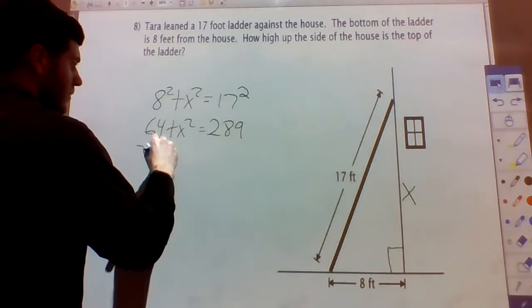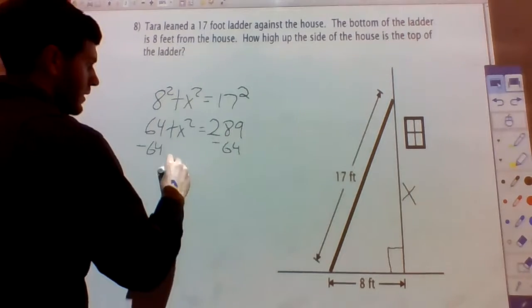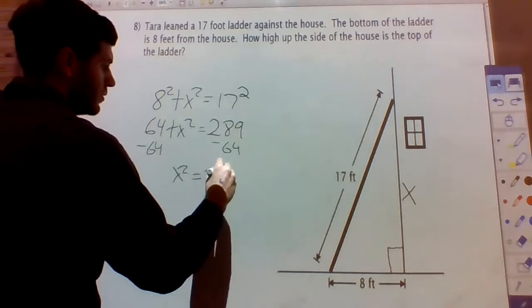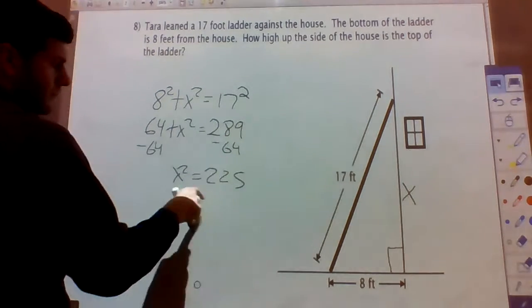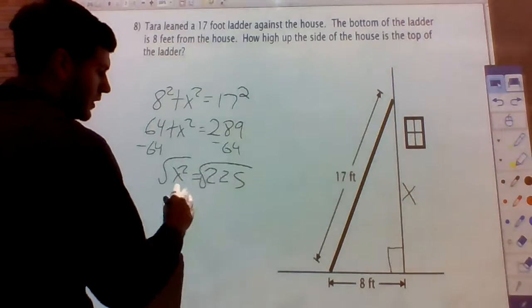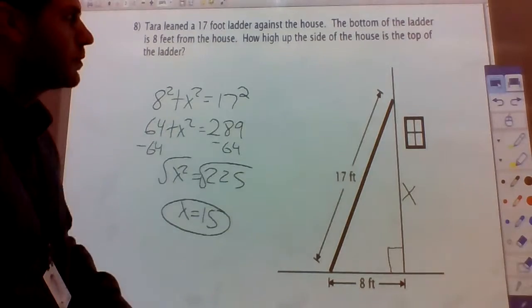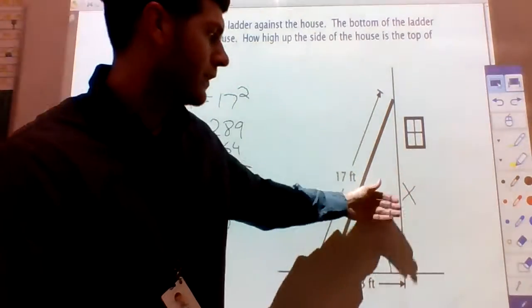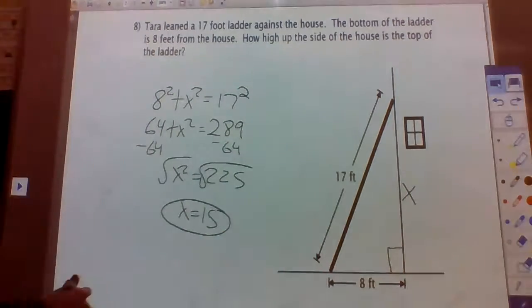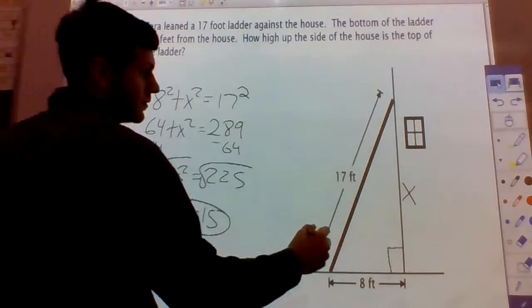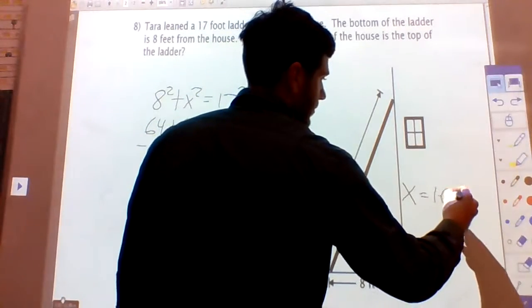Subtract 64. We get x squared equals 225. Okay, square root, we just said we knew that one was 15. Again, plus or minus 15, but the height of the house is not negative, it's positive. So it's 15 feet.